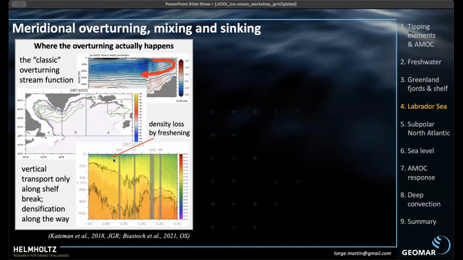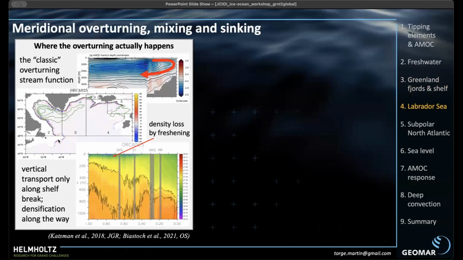So this is basically a section along the boundary here from east to west. And you see in green colors, light water, and orange colors, dense waters at certain depth levels. So basically, the water at a certain depth is densifying while it takes its way along the East Greenland, West Greenland current, and Labrador current around here.